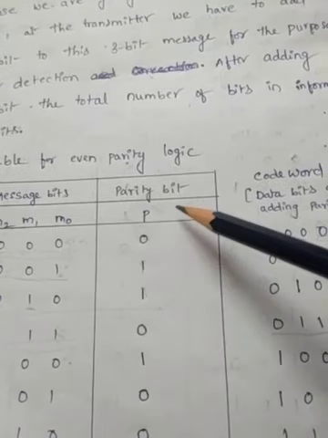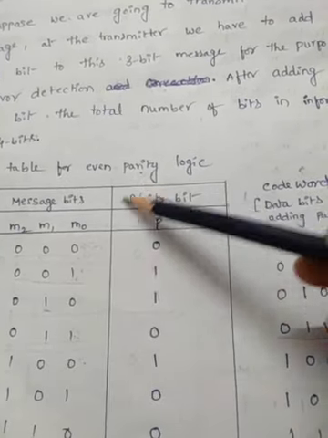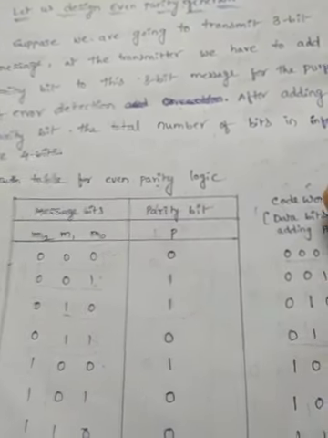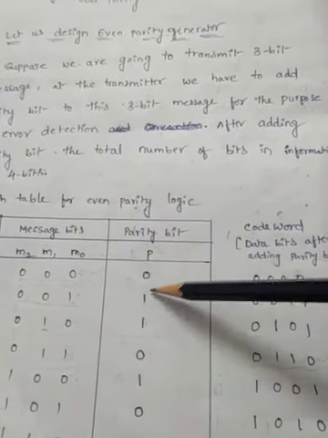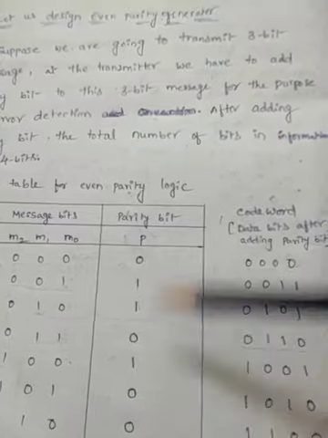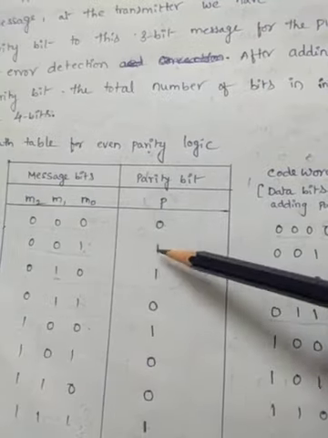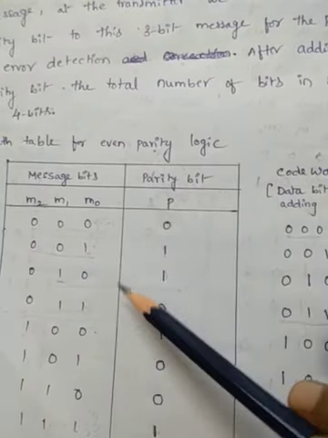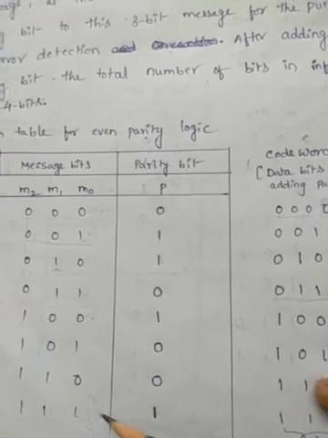Now we have to design this even parity bit generator. After tabulating the truth table, by using this truth table we have to design a K-map. Here the parity bit is 1 for the positions 1, 2, 4, 7.